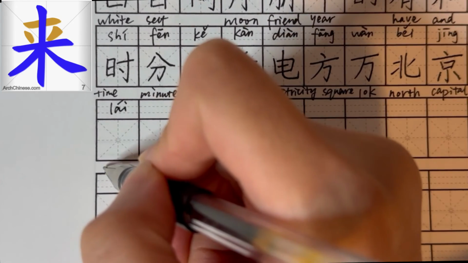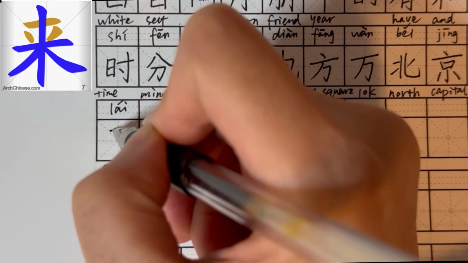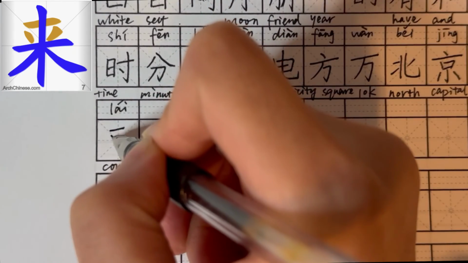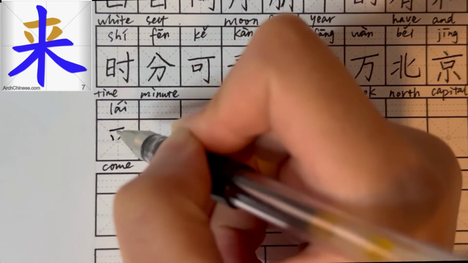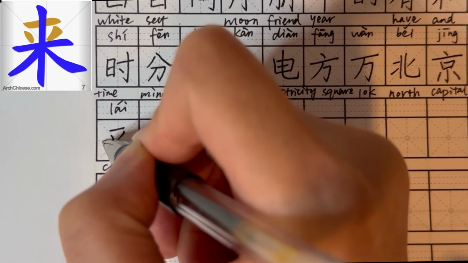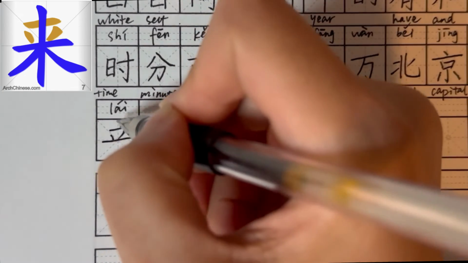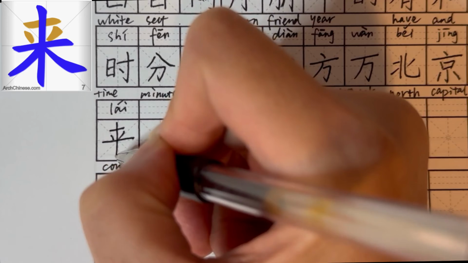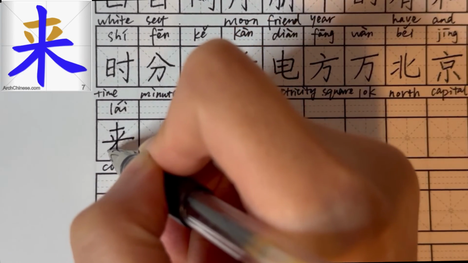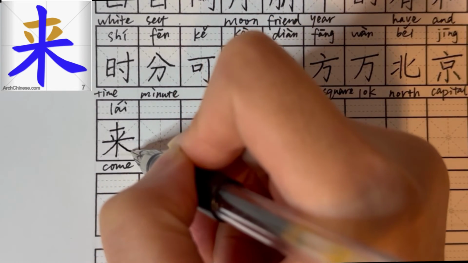Easy character to come. 横点撇 a longer 横 横竖撇捺.